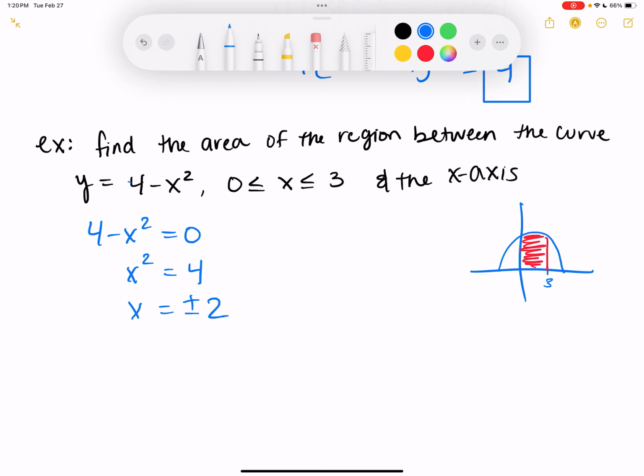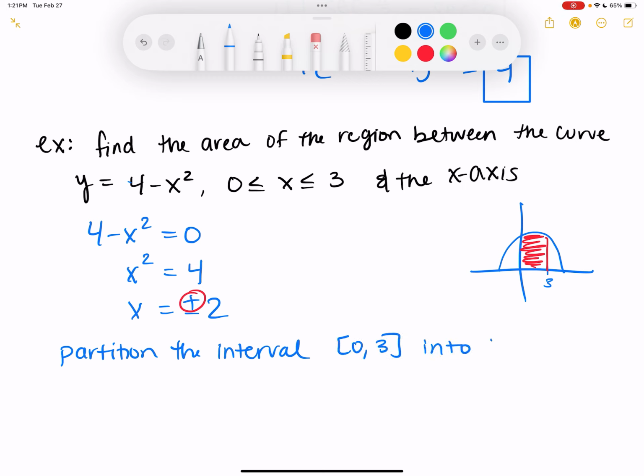However, I'm on 0 to 3, so I only need the positive one in this case. That won't always be the case. So that means the curve crosses the x-axis at 2. My picture's obviously not drawn correctly, but I was trying to give you a rough visual. Now I'm going to partition the interval 0 to 3 into 2 subintervals.